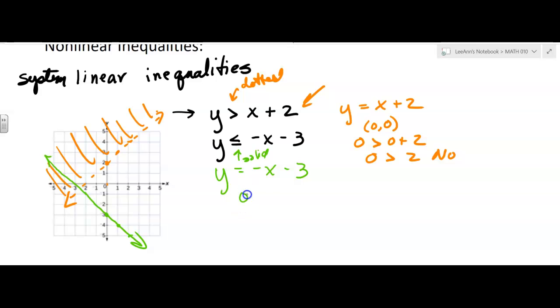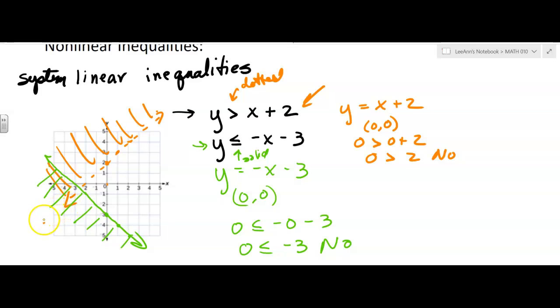We picked 0, 0 again and plugged it in: 0 is less than or equal to negative 0 minus 3, so 0 is less than or equal to negative 3? No, that one doesn't work. It's going to be this side over here. Let me extend my dotted line a little more. What has both the orange and the green? It was this little section in here. So that's just a review of what we've done in the past.